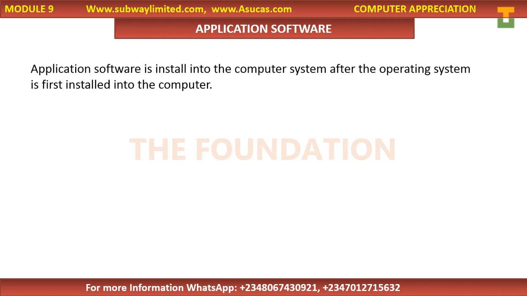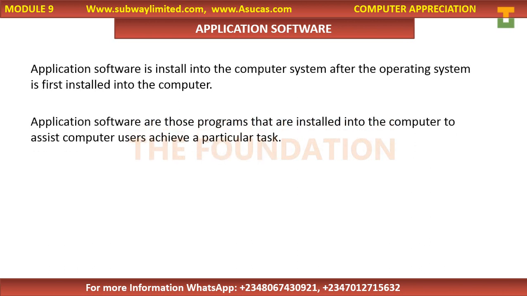Before you install any application software, don't forget we mentioned system software and application software as the different types of software that we have. We have finished talking about system software. We want to consider application software.